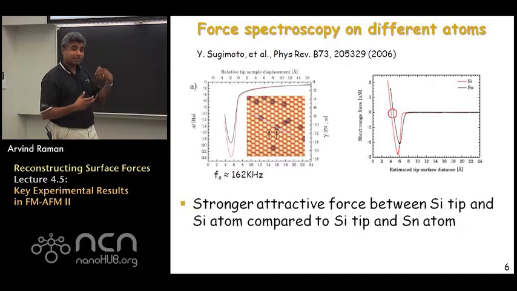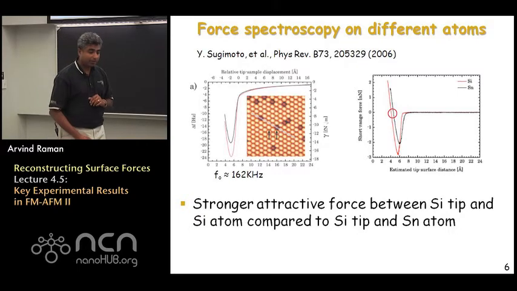And if you recall, this is very similar and not far from the results that were obtained by the previous paper that was discussed between silicon and silicon. The interaction between the silicon tip and the tin, on the other hand, does not reach such high values of attraction. On the other hand, when one approaches the tin atom, one can argue that the slope of the attractive forces is actually a little steeper in the case of the interaction between the silicon tip and the tin atoms.